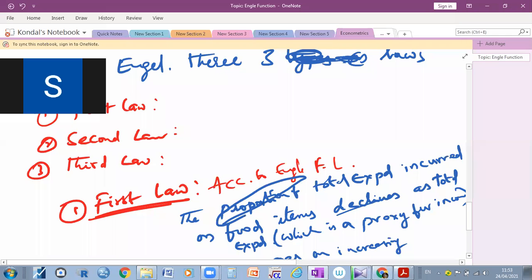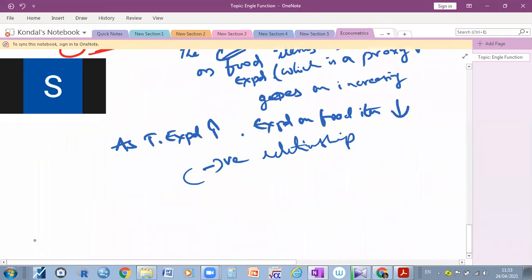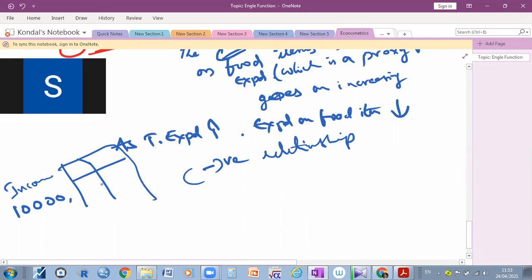For example, when your income is 10,000 rupees, how much are you going to spend on food items? 2,000 for food, and the remaining 8,000 for others. When your income increases to 20,000, how much will you spend on food items? The same, 2,000.